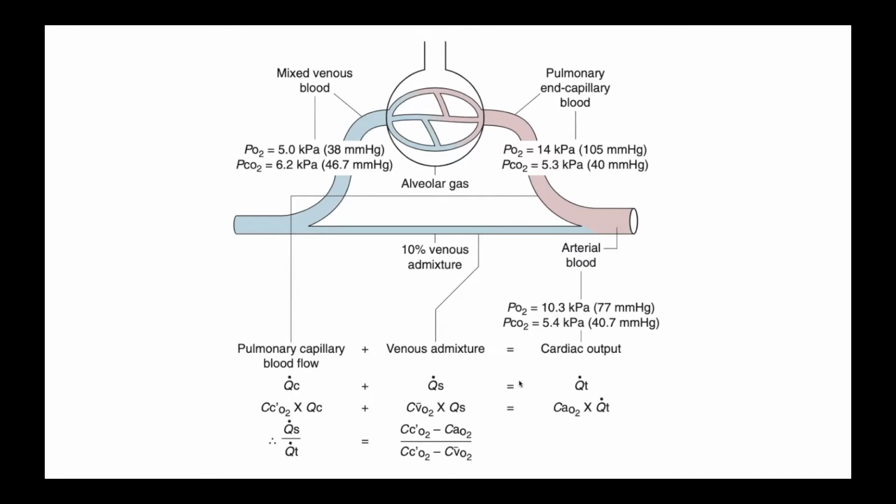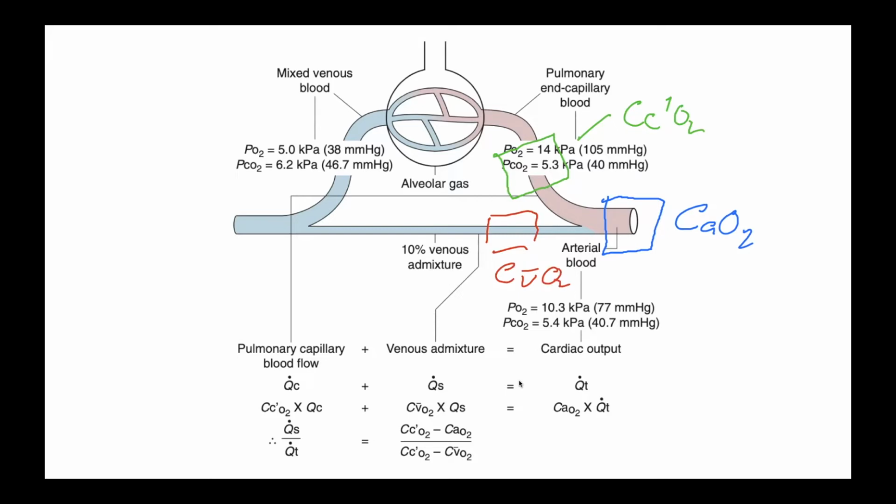So what we're saying is that the amount of oxygen that's in here is what's called your arterial oxygen content. And that's a function of both your total cardiac output multiplied by your arterial content. To get this, it is a sum of what's happening here, which is your end capillary oxygen content, and what's happening here, which is your mixed venous oxygen content.